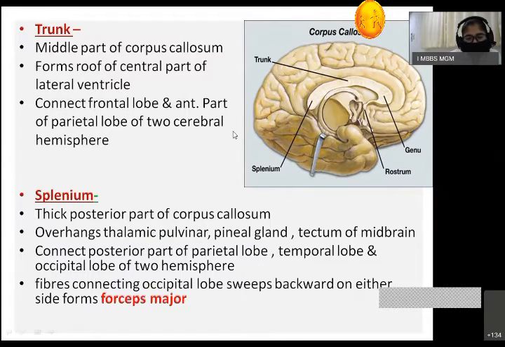The fibers from the splenium sweep backward in the occipital lobe. They form the structure forceps major.